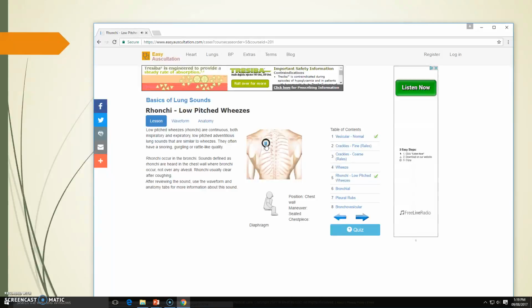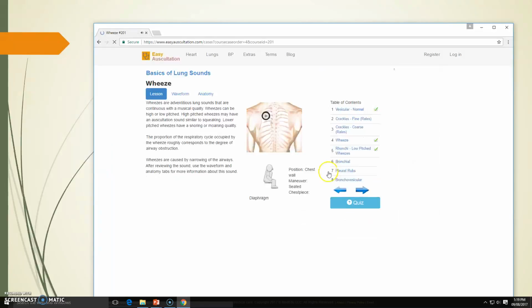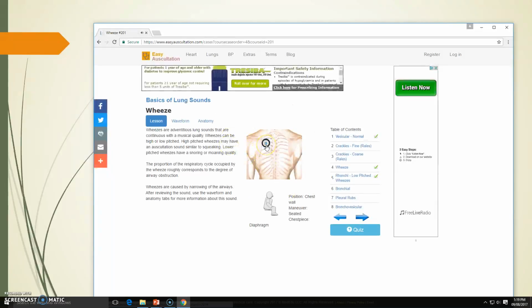Okay, you hear that real rough, almost not crackling, but very low-pitched wheezing. Let's take a listen to wheezing. This is a real high pitch.